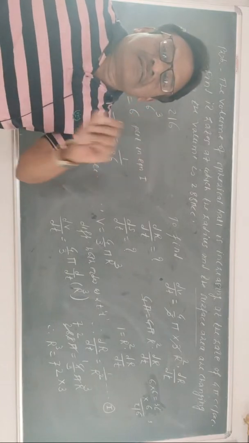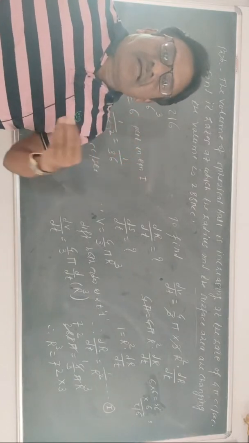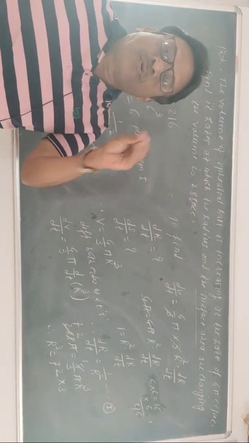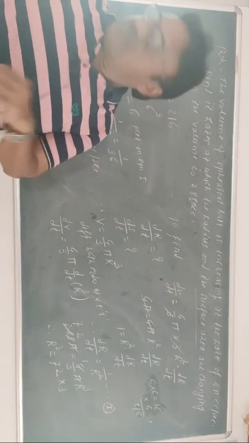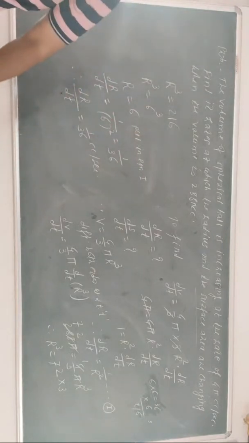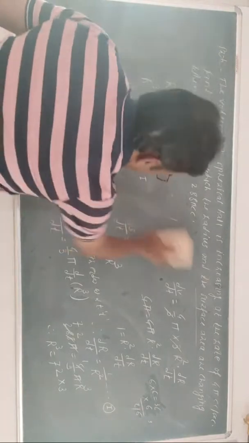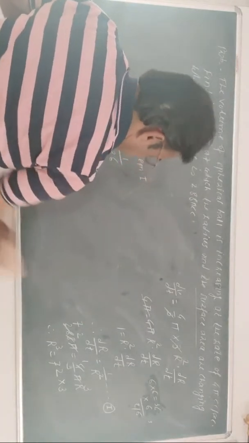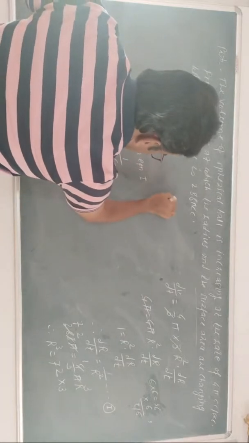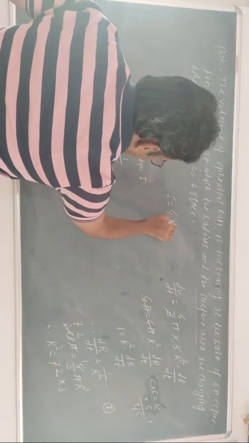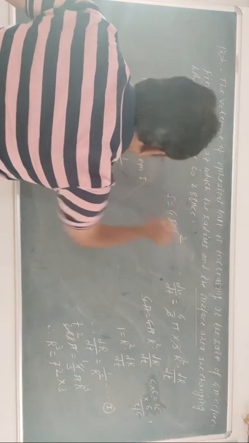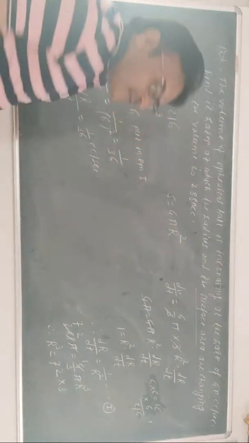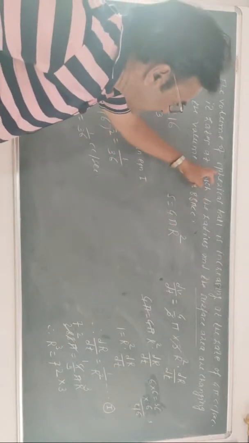We know that the area of a sphere is 4 pi r squared. So the surface area of the spherical ball, capital S, is equal to 4 pi r squared. This is the formula for finding the surface area of the spherical ball.